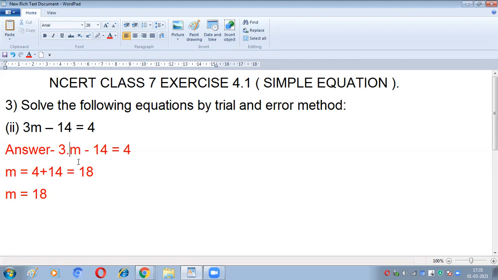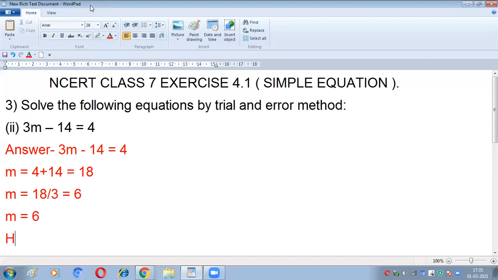Just see here, 3m means 3 multiplied by m. So here will be 18 upon 3. 18 divided by 3 means 6. 6 multiplied by 3, that is 18. So we can write it as m is equals to 6.